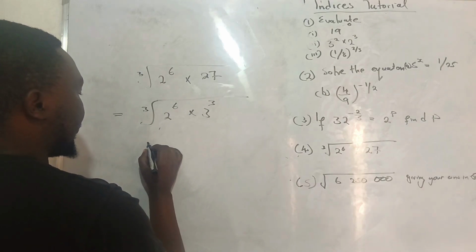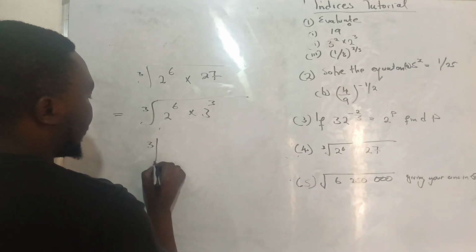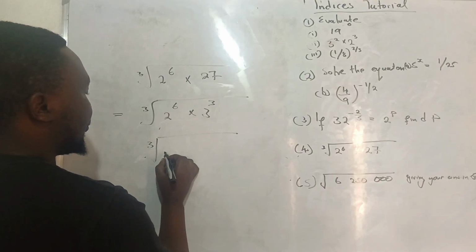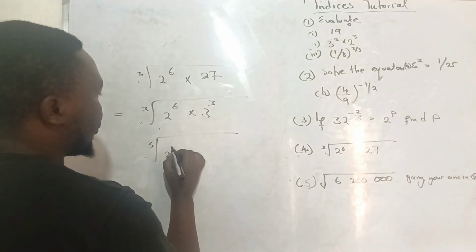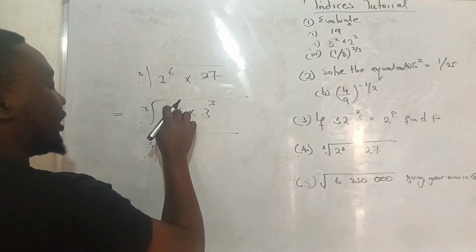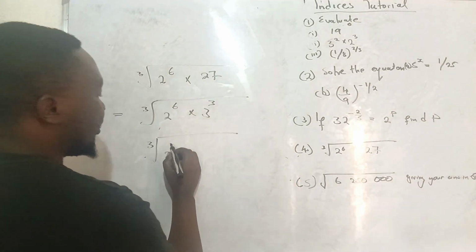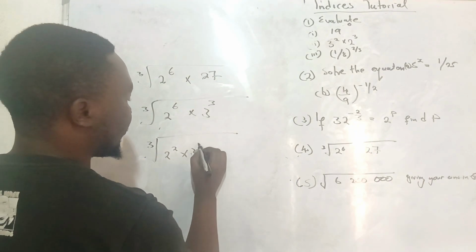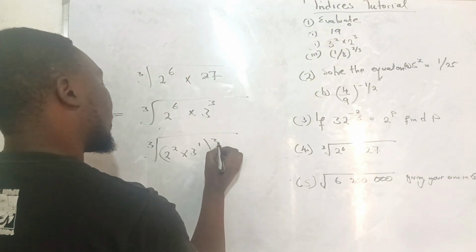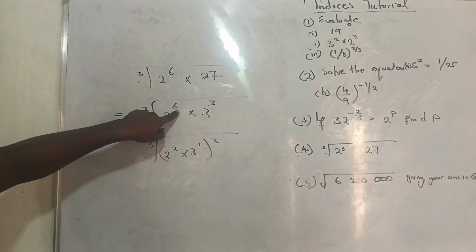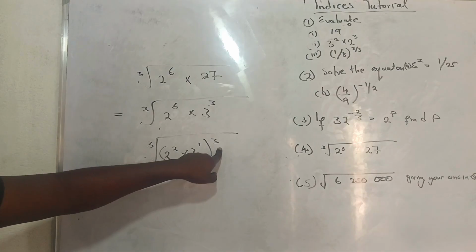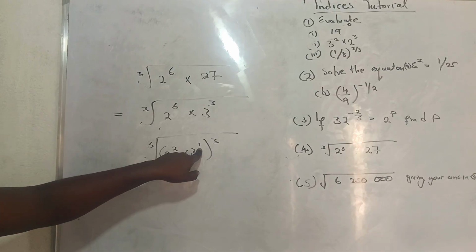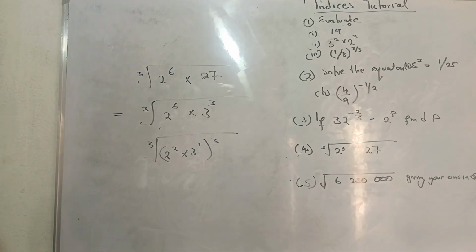You're going to have the cube root of 3, which is 2. If we remove 3 here from this one, it's going to remain as 2 multiplied by 3 to the power 1, over 3. So we have removed 3 units from each power.